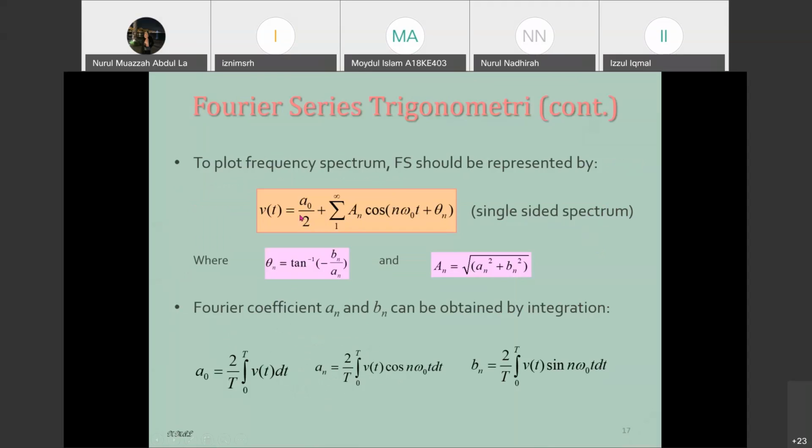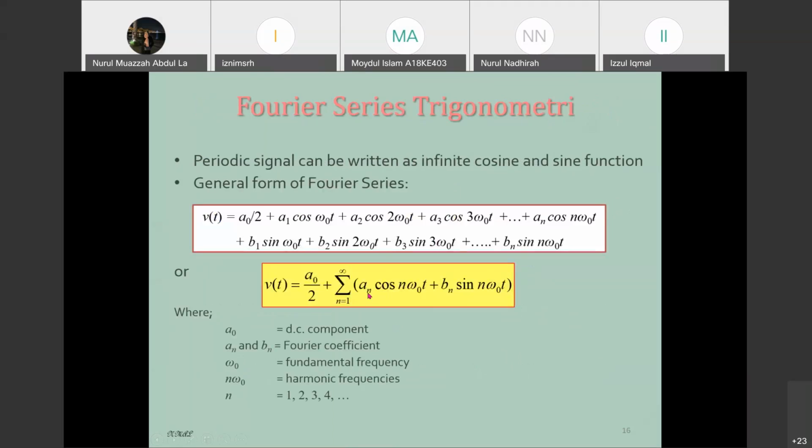To plot the frequency spectrum, Fourier series should be represented by this equation. V(t), from the equation we saw earlier, we can further simplify it in terms of this: a naught over 2 plus summation from 1 until infinity of An cos(n omega naught t plus theta n). Just now we had the an and bn parts; if we refer to the previous equation, we have small a here plus small b here.